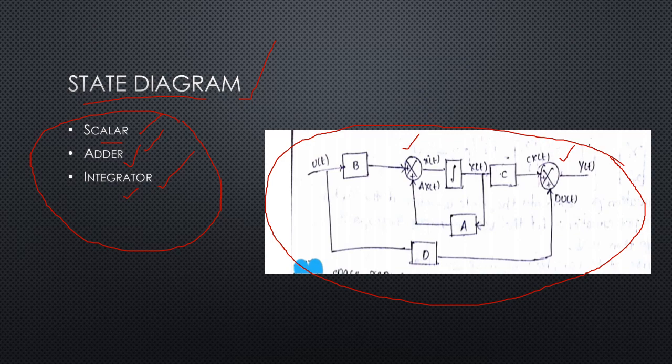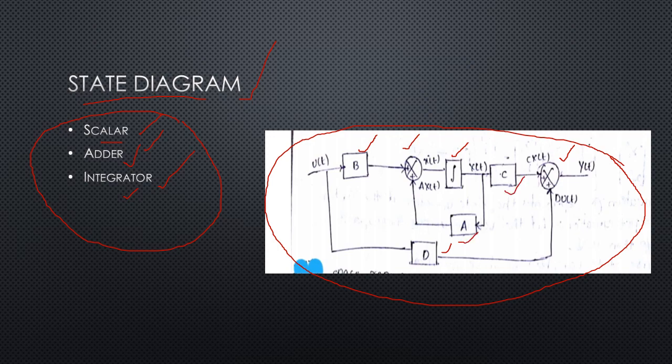What is meant by adder? Adder is used to add two or more signals. In the considered state diagram, we have one integrator, and also we have some scalars like B, D, A and C.